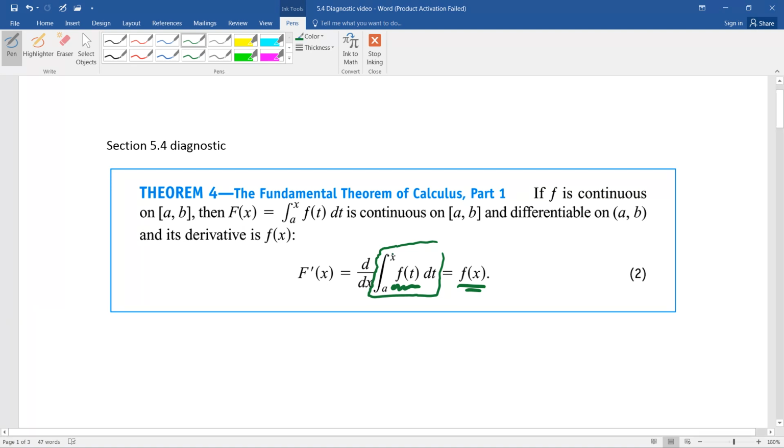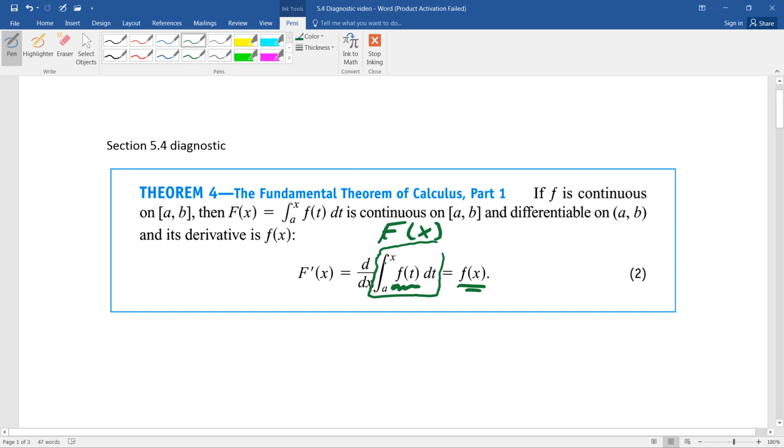Inside, when we take the definite integral of this thing, we're integrating from a to x. And here a represents some number, and x is a variable. So this is a function of x, and this is the function that the theorem calls uppercase F of x.